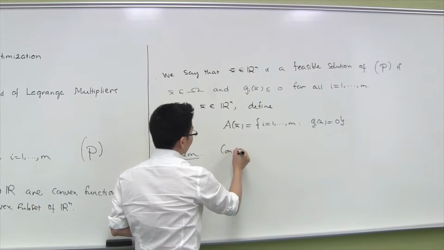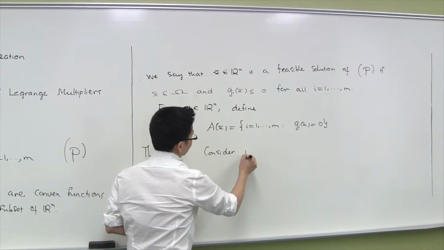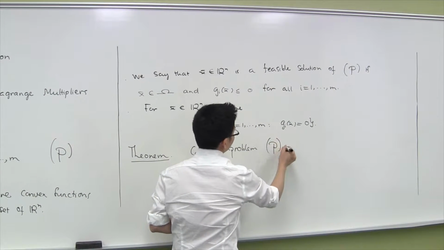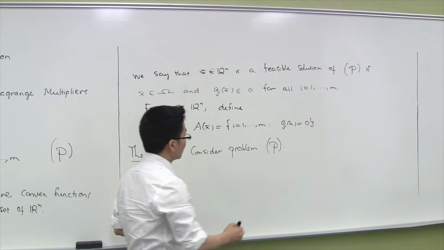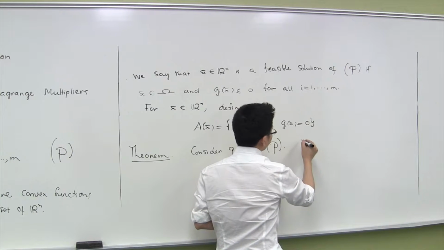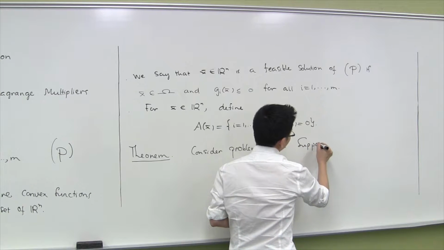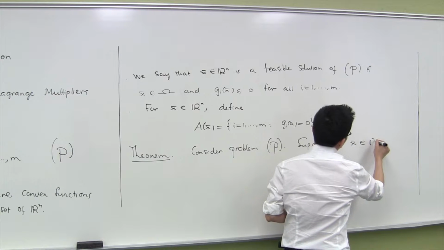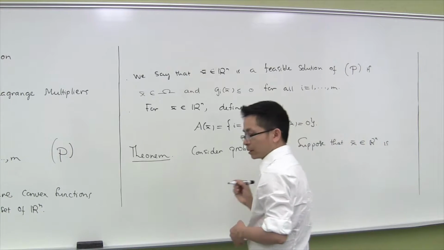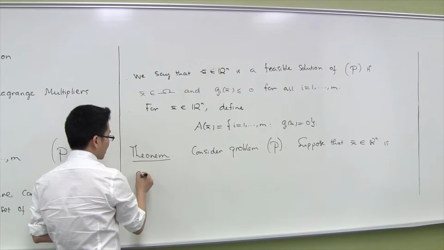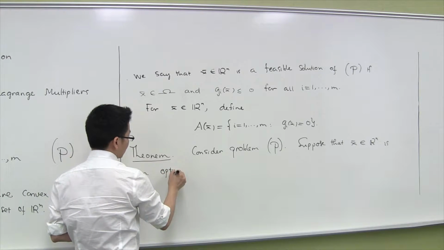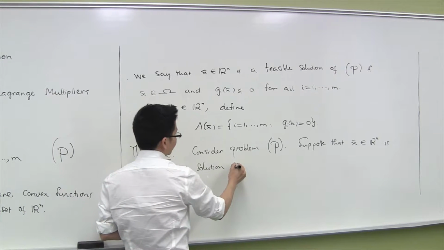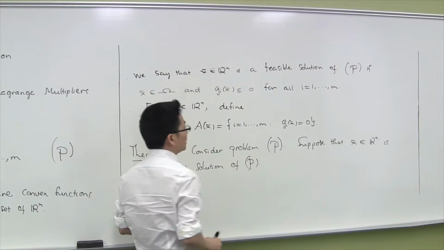Consider problem P. So here we suppose that x bar in Rn is an optimal solution of P. Okay, what does it mean?